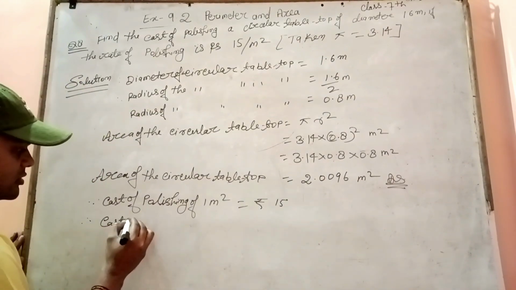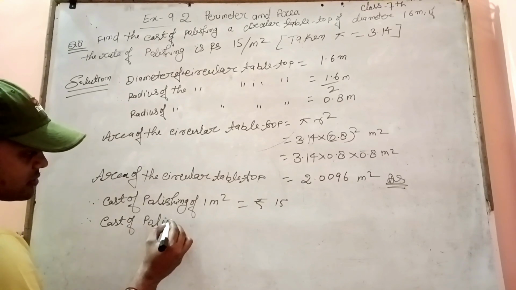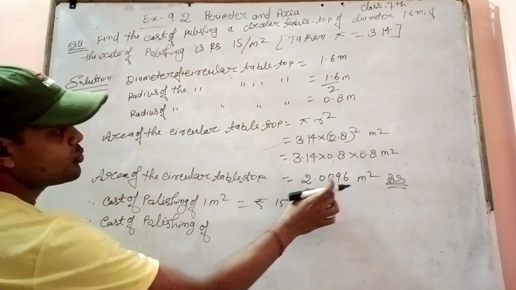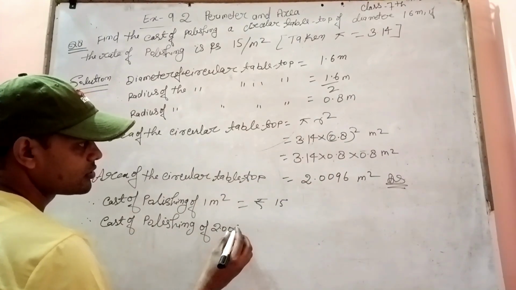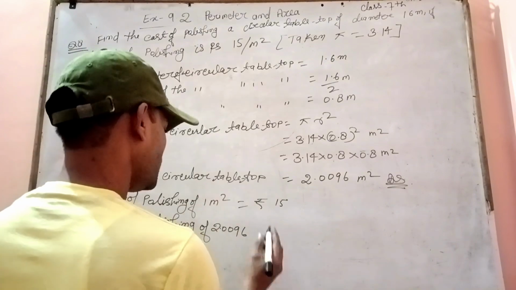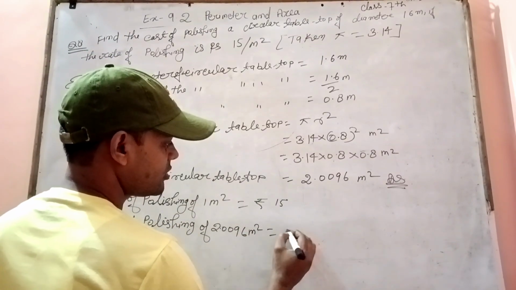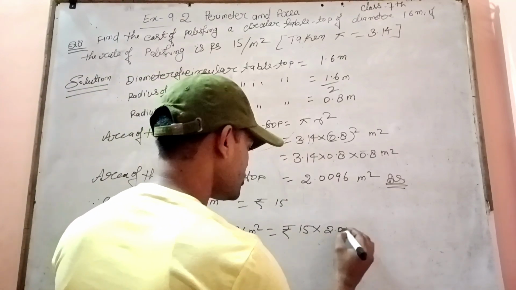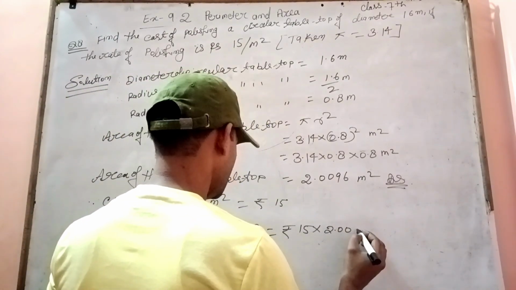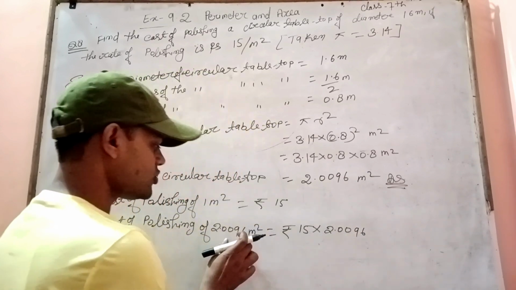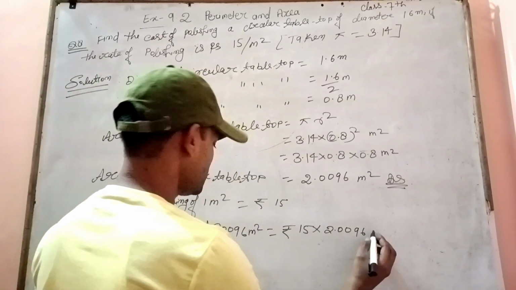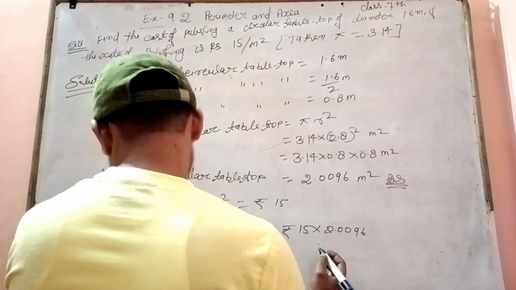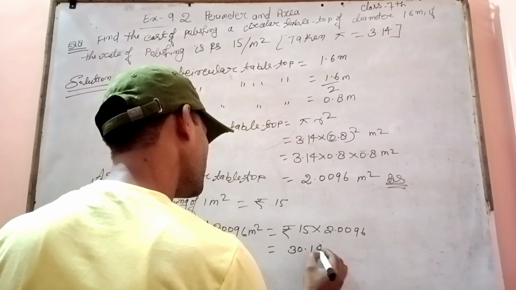Therefore cost of polishing of 2.0096 meter square is equal to rupees 15 into 2.0096, which is equal to rupees 13.14.